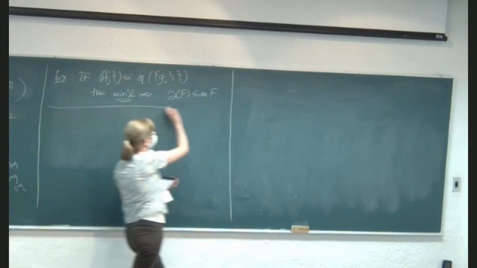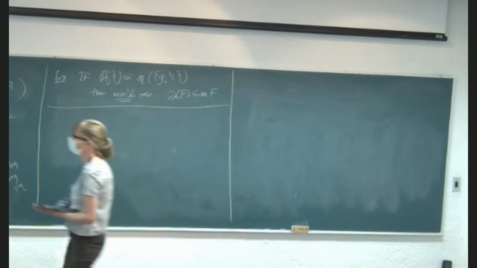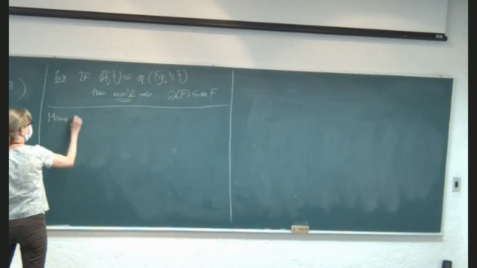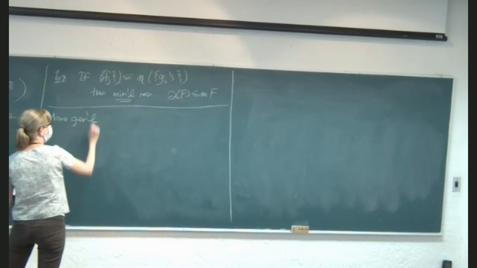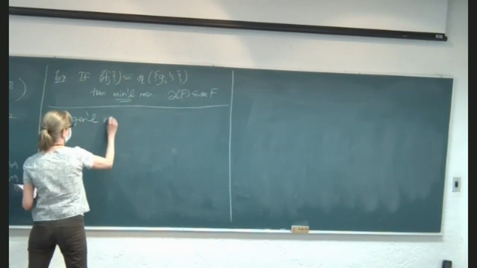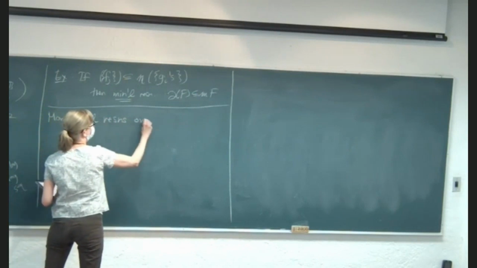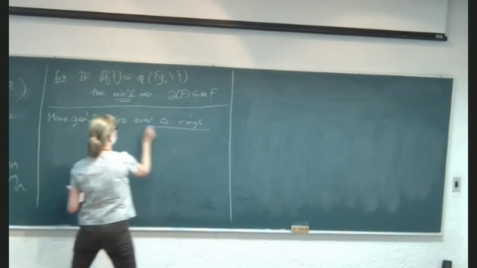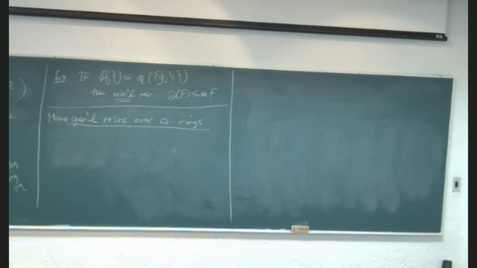Okay, so that was the first kind of resolution, and now I'm going to talk about more general resolutions over CI rings, because most things don't look like this. That was a very special module, going on in another regular sequence.